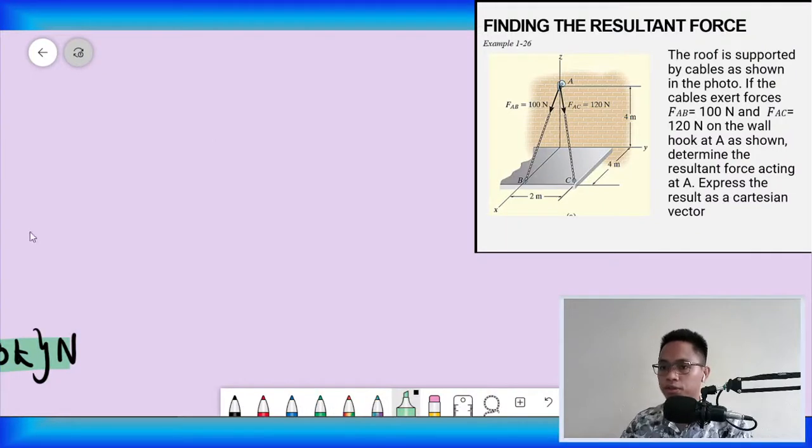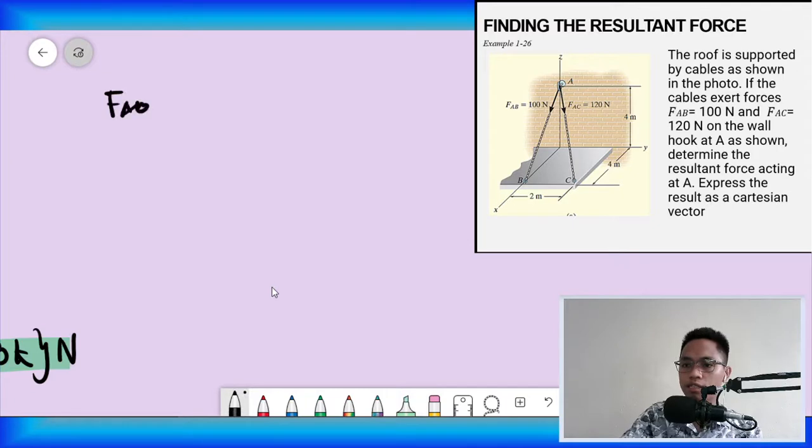Alright, so first we need to express both forces into their component form. So let's start with FAB. FAB is given with magnitude. The FAB has a magnitude of 100 Newton, while FAC is 120 Newton.